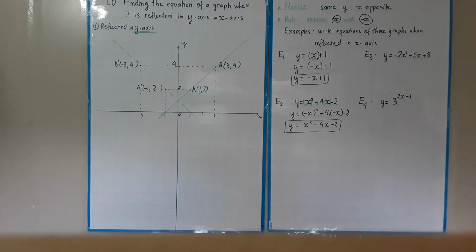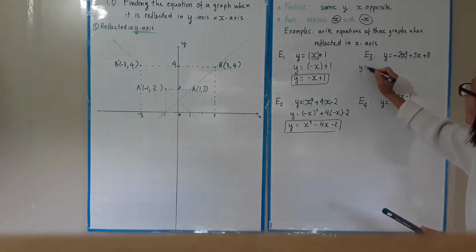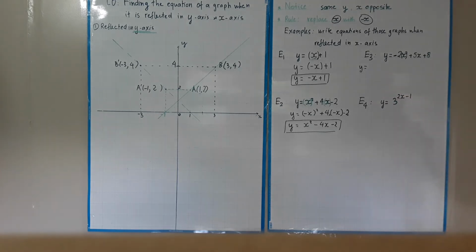Example 3, I think you can do it right now, but just to be sure, the negative sign here belongs to 2. And again, remember to put x here in brackets. So you write again, y will be equal to, replace x with negative x.